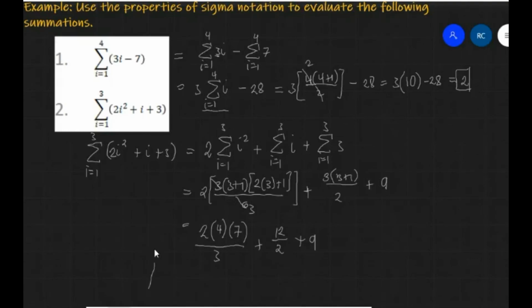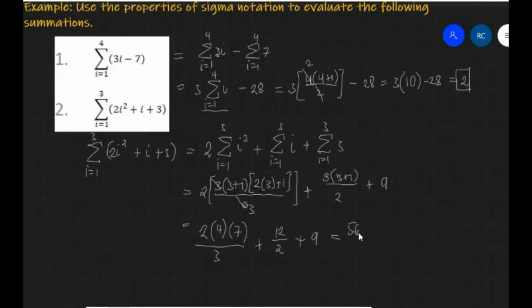Simplify ulit natin ito. Ito ay magiging 2 times 4 ay 8. 8 times 7 is 56 divided by 3, plus 9. Okay, tama ba? Ito ay 56 over 3.